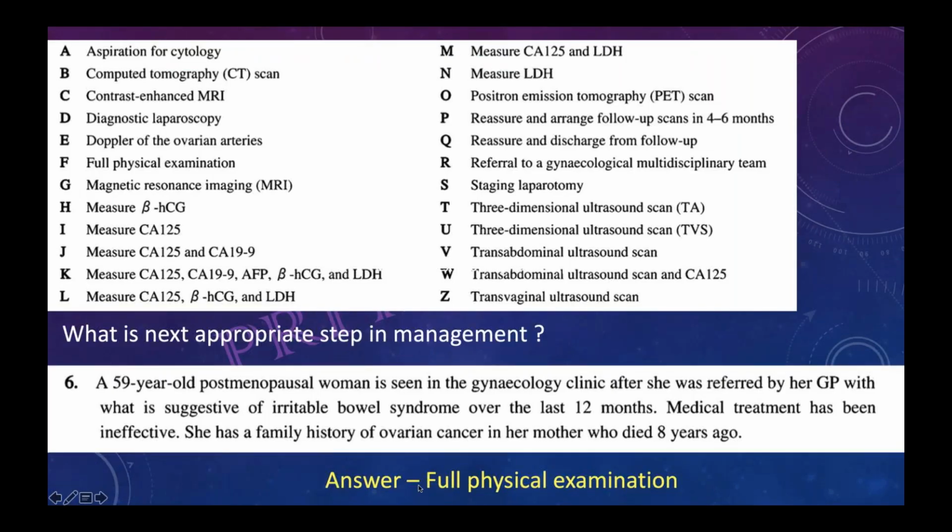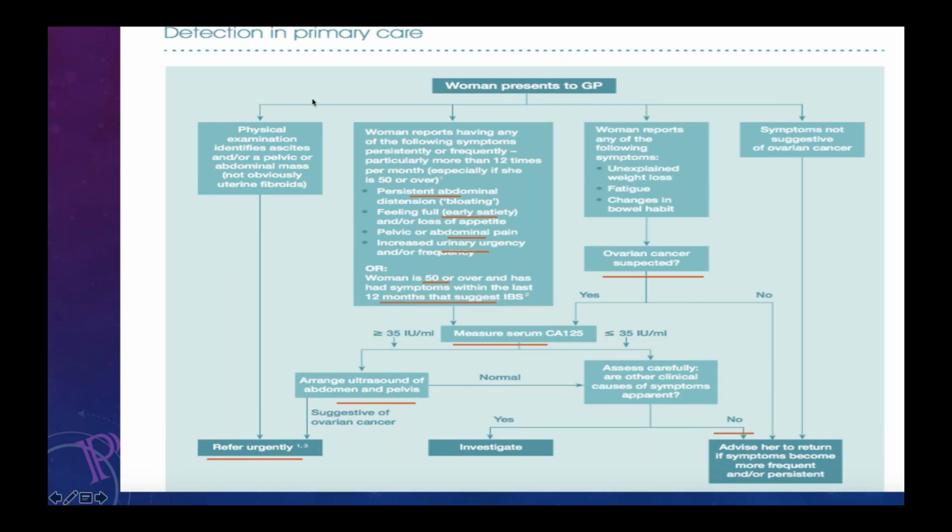But the book wrote full physical examination. Now if you see here, full physical examination also comes here, but apart from this, women presenting with unexplained weight loss, fatigue, change in bowel habit, ovarian cancer suspected, then CA 125.